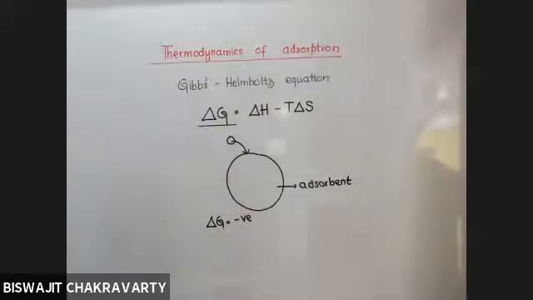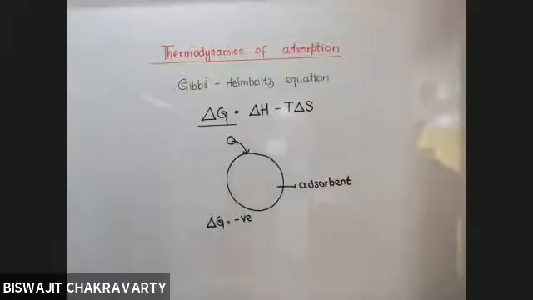The randomness, the disorderliness. In a particular system, the more the molecules move around randomly, we call it more random, with high entropy. And if the molecules become static and do not move randomly, we call the system to possess lesser entropy.